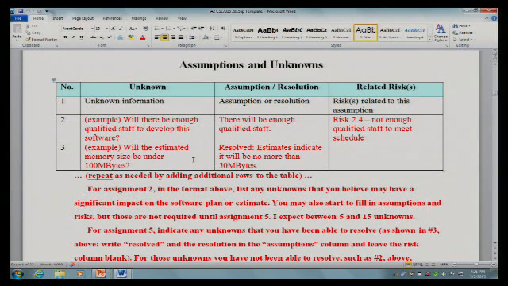Now, once you have identified those unknowns and figured out which ones really are important, then you can start figuring out what to do about them. For example, you probably don't know how much memory is needed for this application. But you're going to do assignment 3 where you're going to estimate the amount of memory. So once you're finished with assignment 3, you'll either be able to resolve that unknown because you will have done an estimate and have a reasonable confidence in your estimate, or you can at least make an assumption.